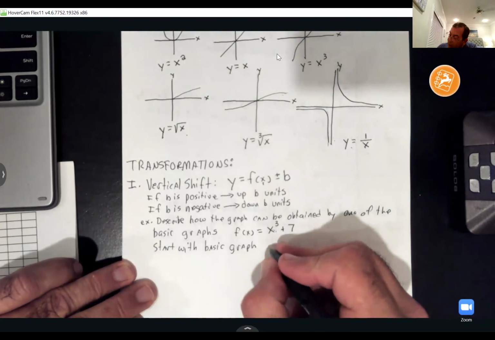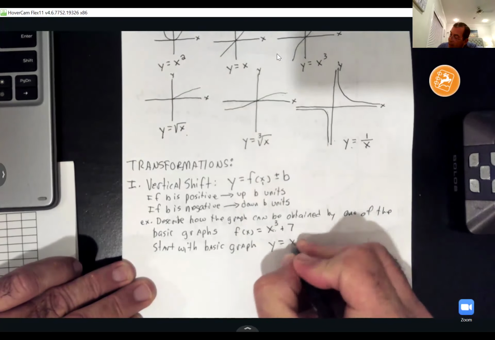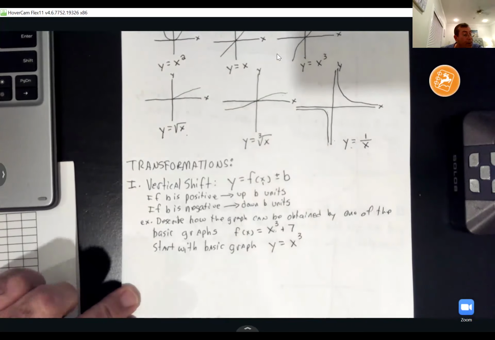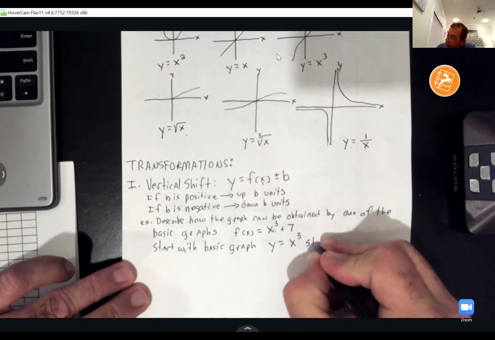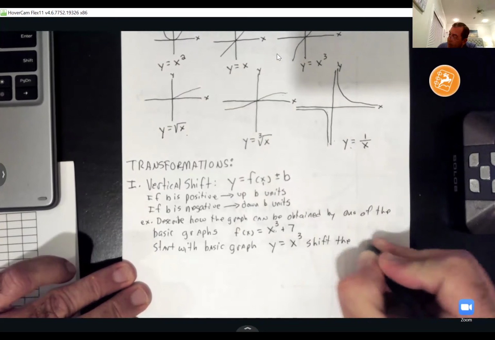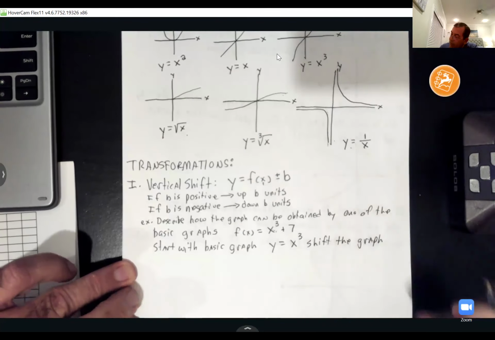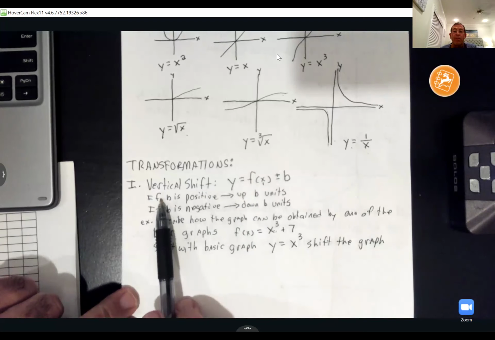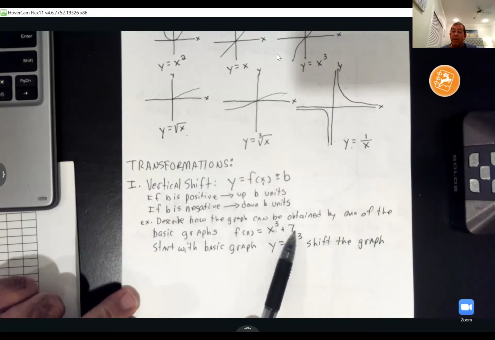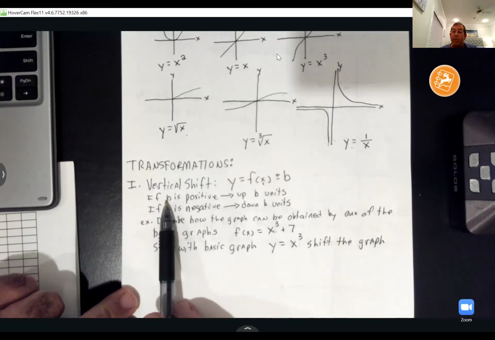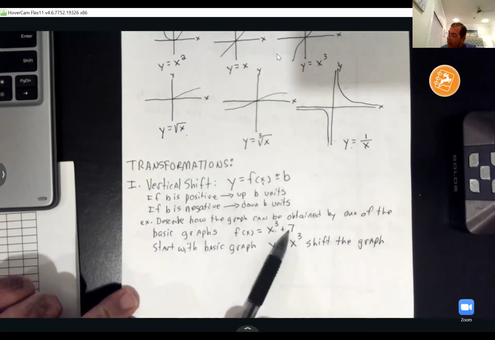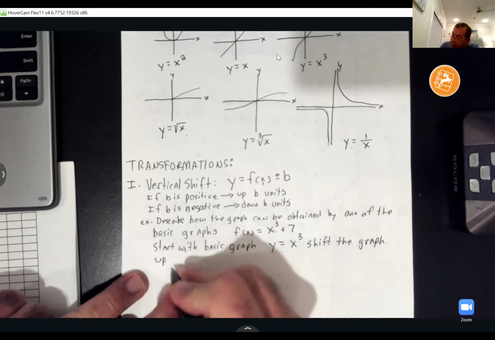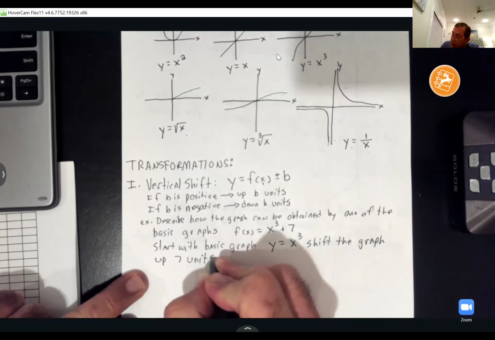So I'll start with the basic graph, y equals x cubed. And then what's it doing to my graph when I add that 7 at the end? Well, we said right here, if that b is positive, and that 7 is positive, that means this graph will shift up 7 units.